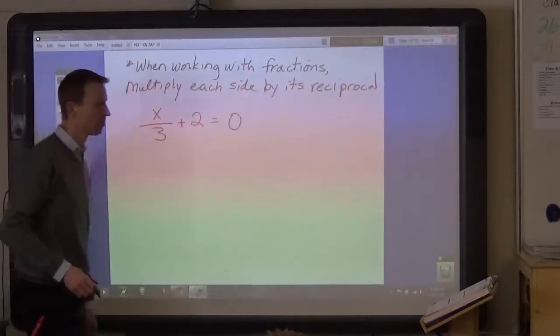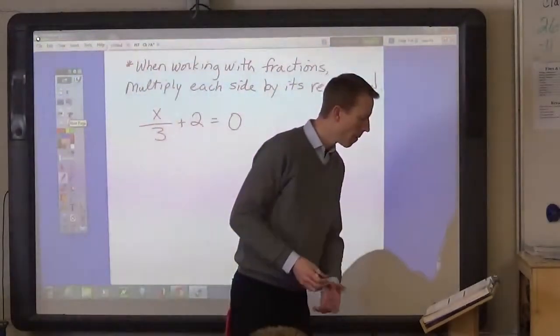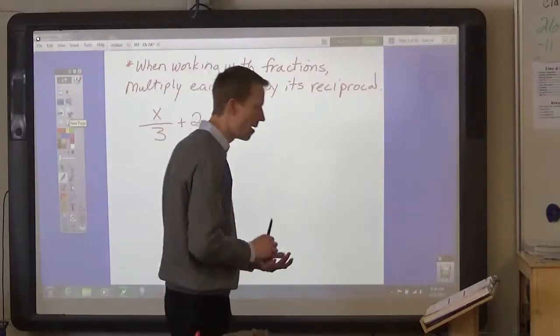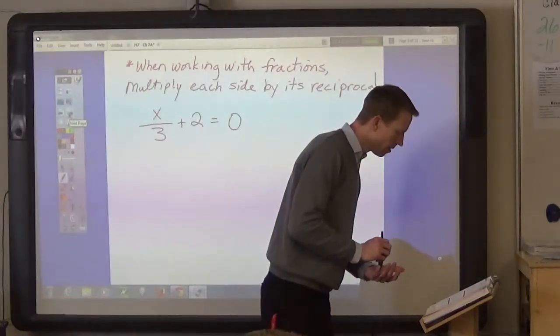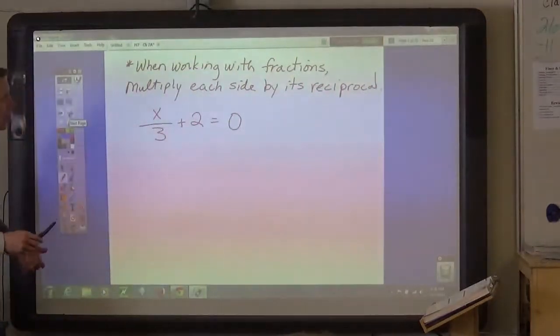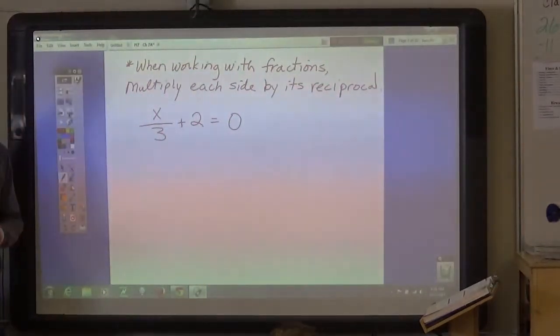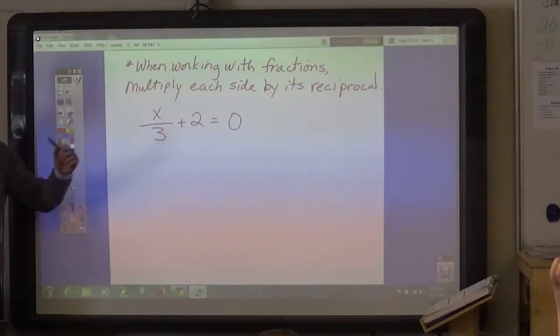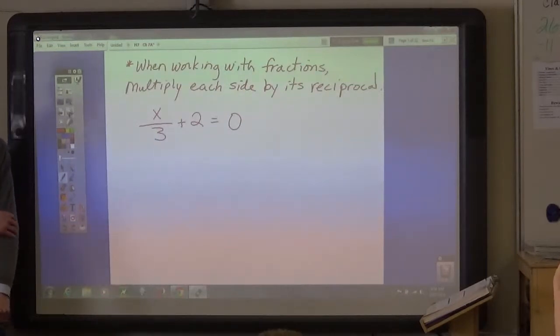All right. This one is from number 9, I think it is. Number 6 in your assignment. What does this one have? How does this one look a little different? What does this one have that the others didn't have? A fraction.